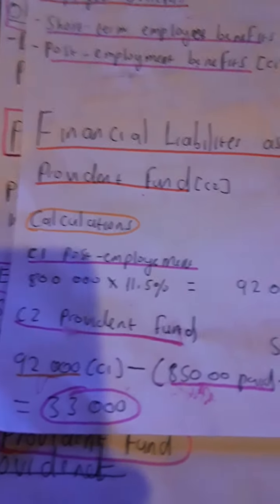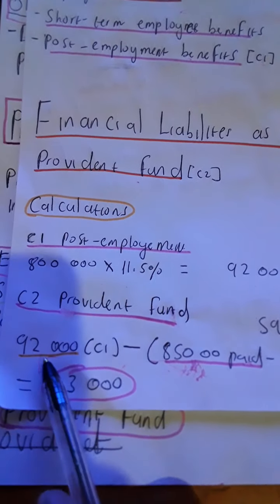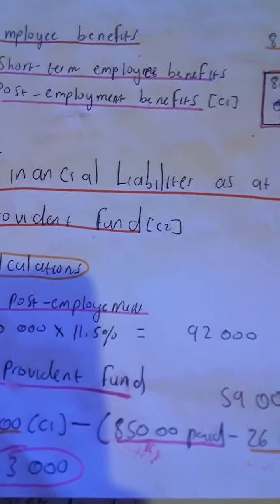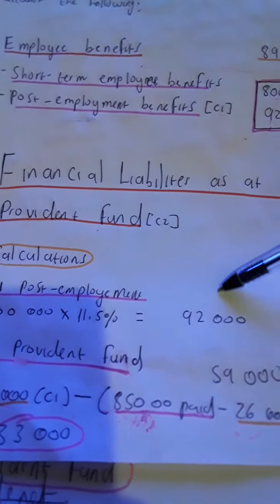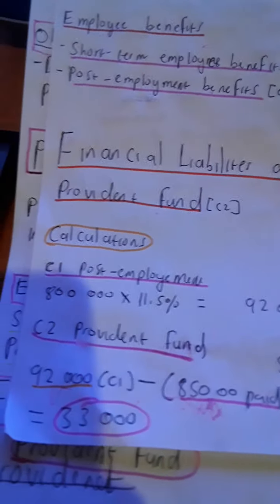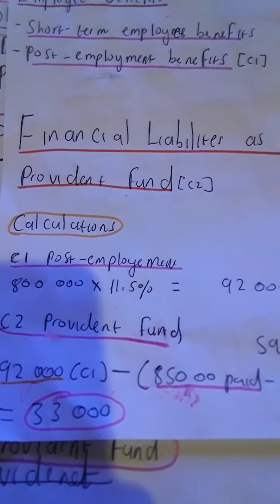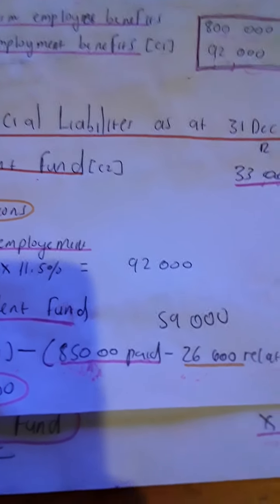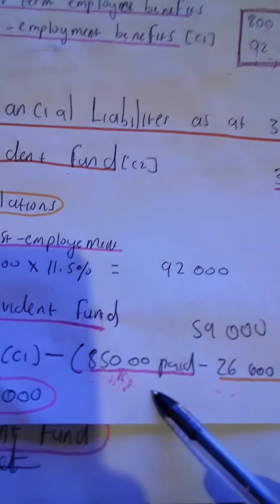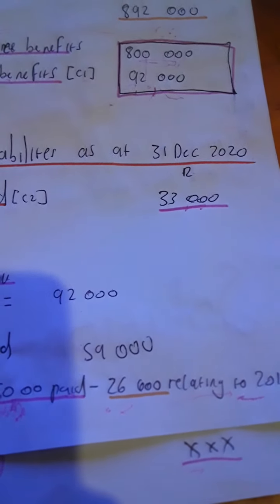So this is why we need to subtract these two figures from our calculated post-employment benefits. Remember, the contribution of 11.5%, which we calculated for the current year, amounts to 92,000 rands, right? This is what is expected to be contributed during the course of the year. And we were told in the information given that 85,000 rands was paid into the provident fund, of which the 26,000 relates to the previous year.